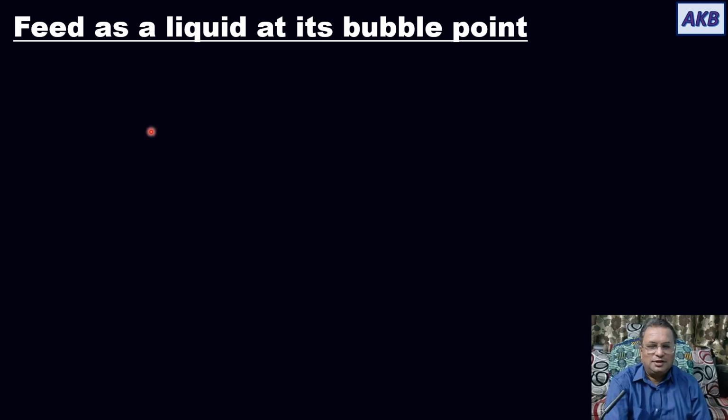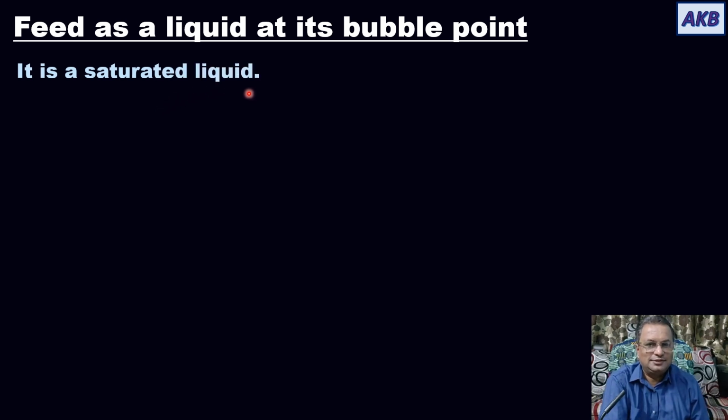We also call that a saturated liquid. So feed at its bubble point or liquid at its bubble point is the same as saturated liquid. So you can tell the second type of feed is liquid at its bubble point or saturated liquid.